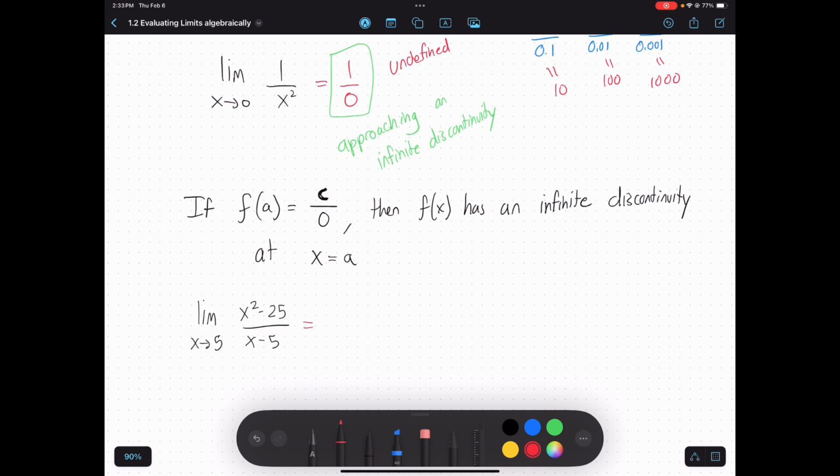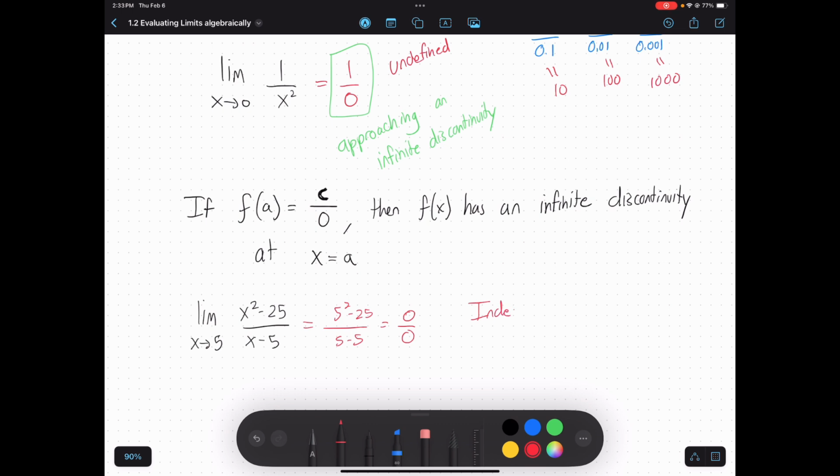If I just plug in 5, I get 5 squared minus 25 over 5 minus 5, which is equal to 0 over 0. Well, what does this tell me? This actually tells me nothing. Let me rephrase that.